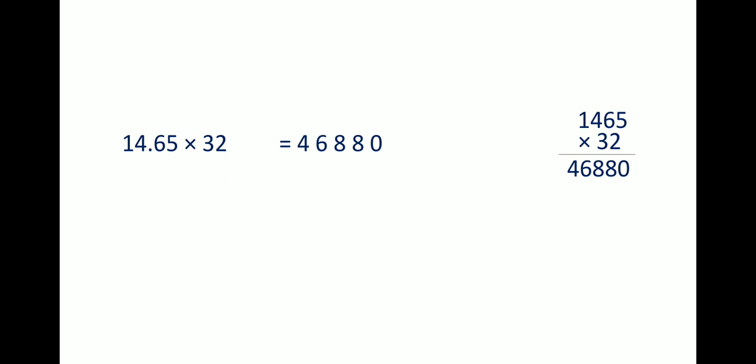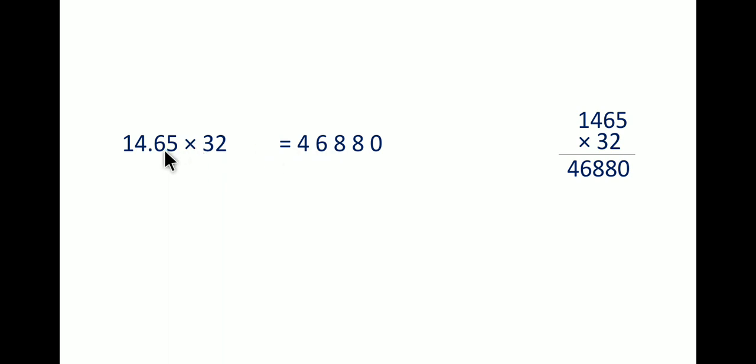Next, again a decimal number gets multiplied by a whole number. This decimal number is written without the decimal. So 1465 gets multiplied with 32. Now you know how to multiply. You multiply and get the answer. The answer over here is 46,880, which you are supposed to write like this.